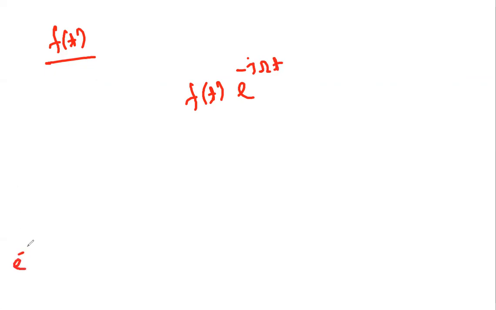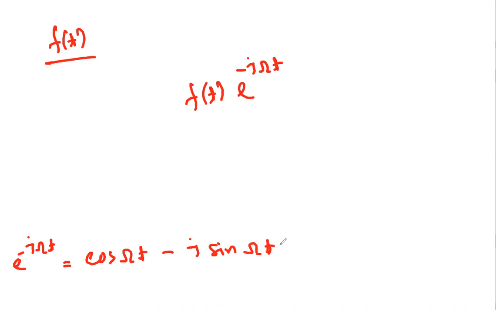Let's say I have an unknown signal f(t) and I do not know what frequency components are inside it. Then we multiply f(t) with e to the power minus j omega t. What is e to the power minus j omega t? This is nothing but cos omega t minus j sin omega t.